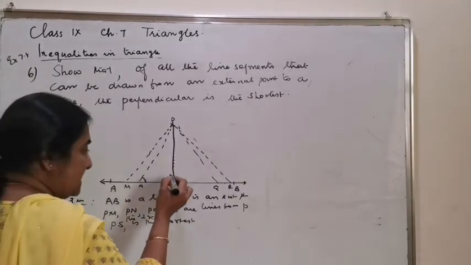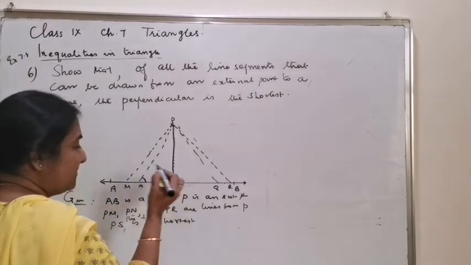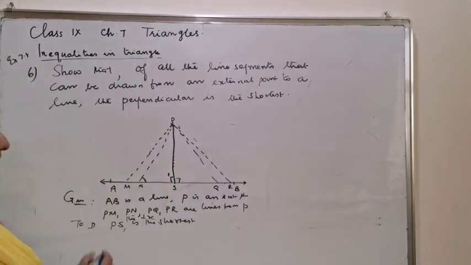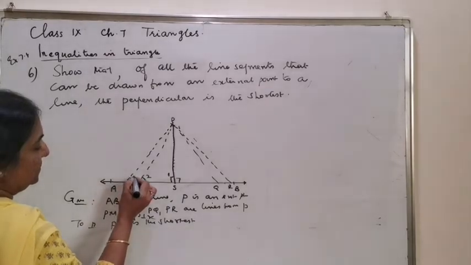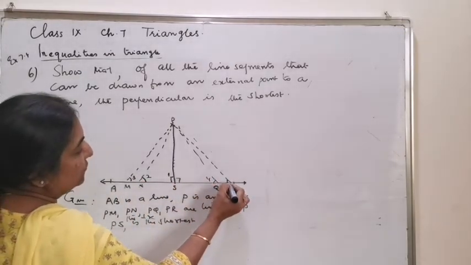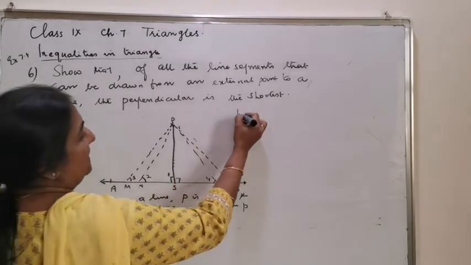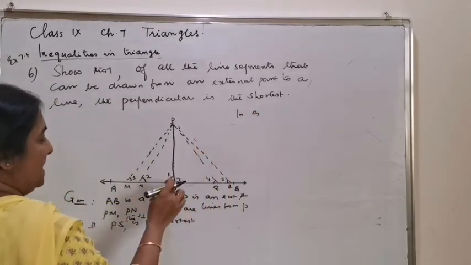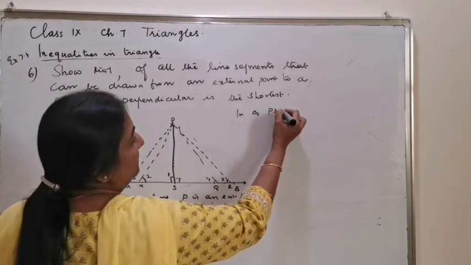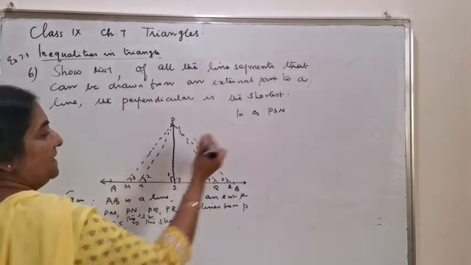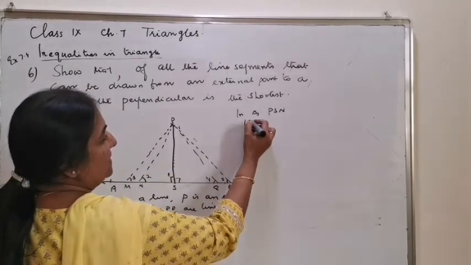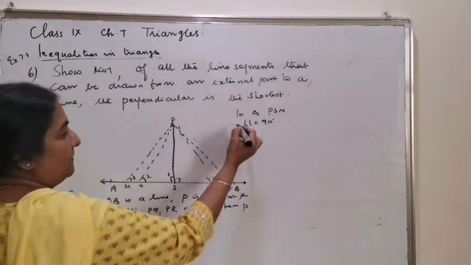It is given that angle 1 is 90 degrees. Let's take the other angles as angle 2, angle 3, angle 4, angle 5, etc. Take the triangles. In triangle PSN, angle 1 is equal to 90 degrees.